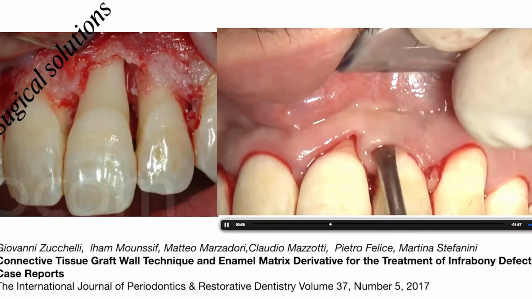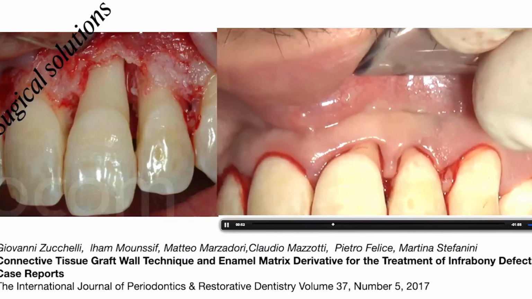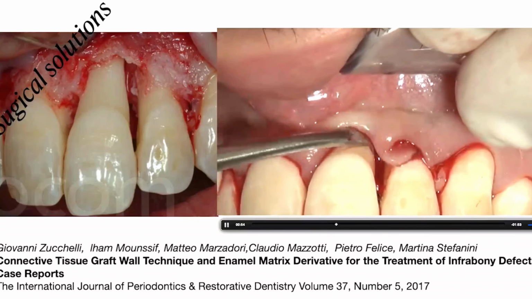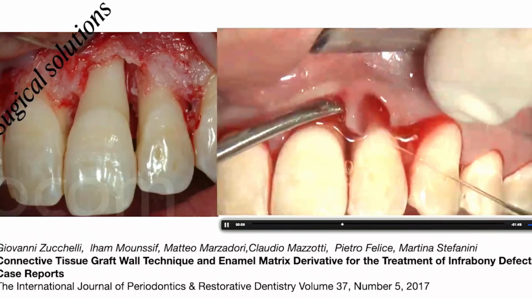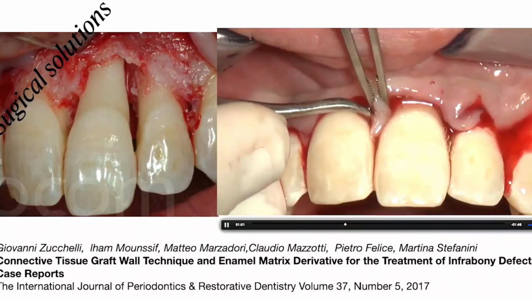The entire supracrestal soft tissue is elevated full thickness because it's intact. If there is none, the tooth has to be extracted.